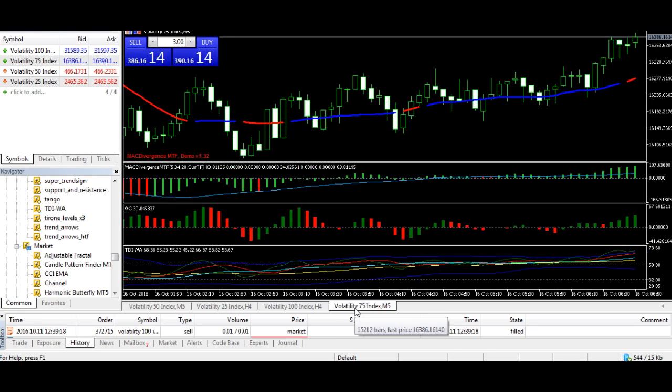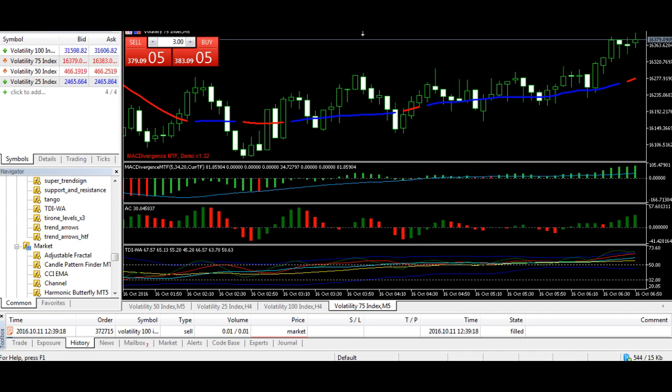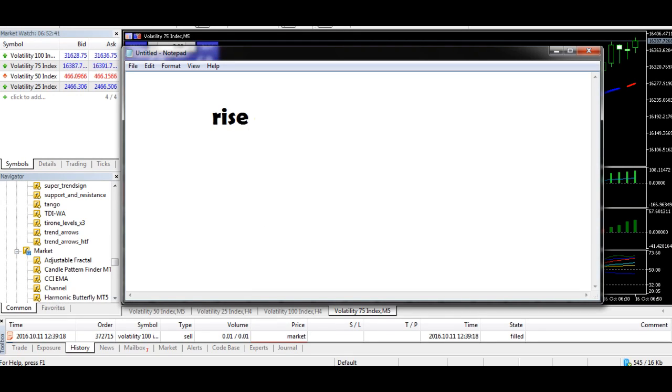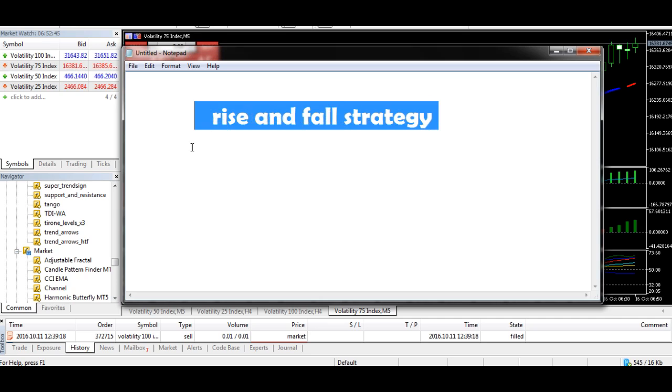If it's giving you anything, now you can say, okay, what do you think you're going to do if I actually want to trade this? But this one is on 5 minutes. If I want to use this in trading, because it's a 5 minutes lower time frame, I will go with the rise and fall strategy.